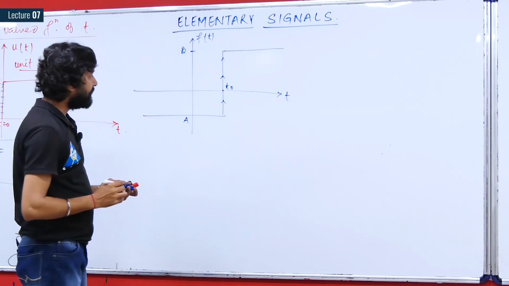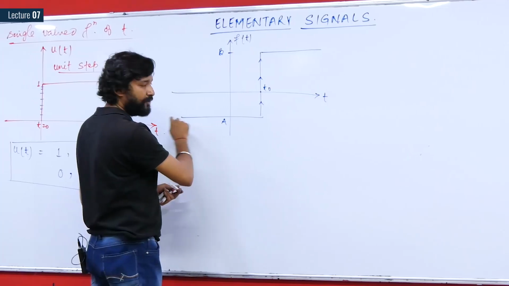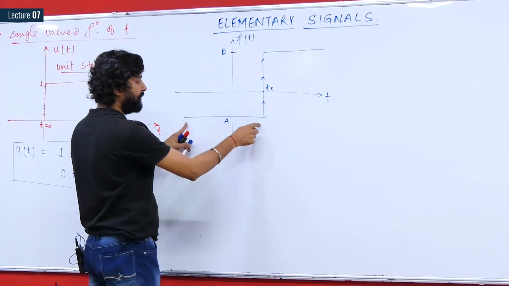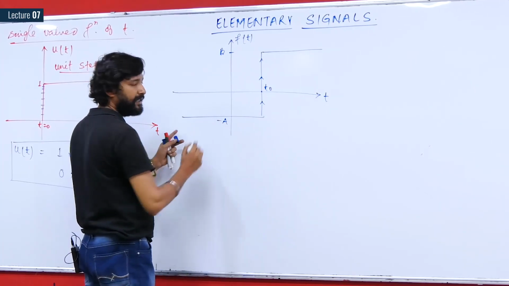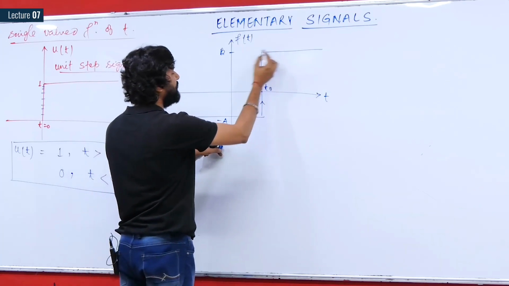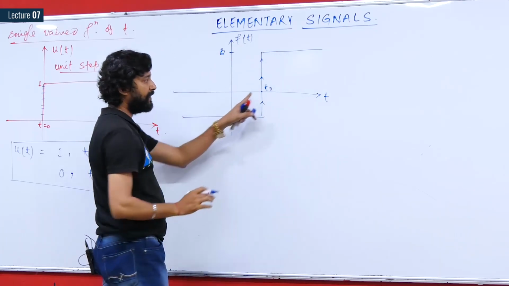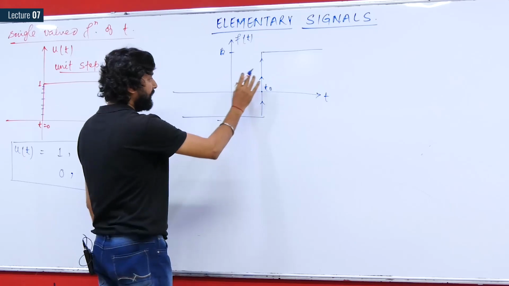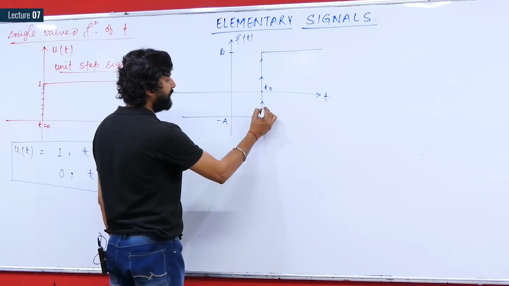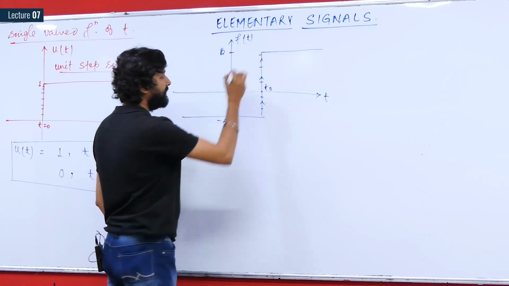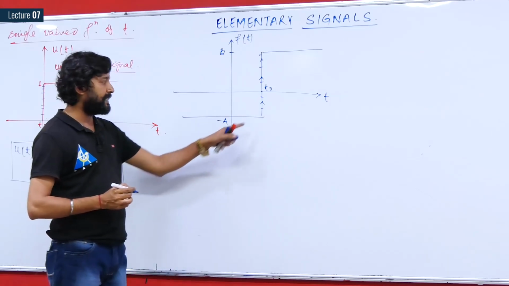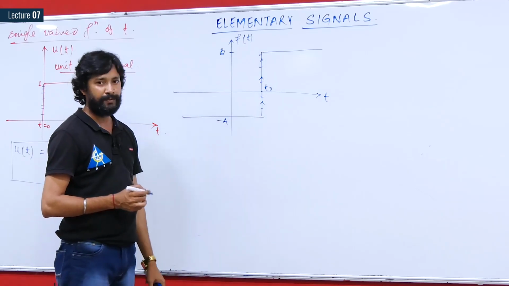So if you see here, the value of the signal is constant, minus a, before t equals to t naught, and the value is going to be constant at b for t greater than t naught. So if we have to define the value at the point of discontinuity, we can see here at t equals to t naught, the value is instantly changing from minus a to plus b.